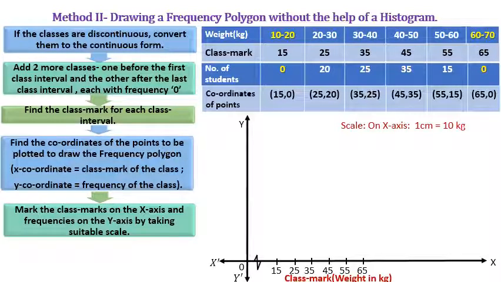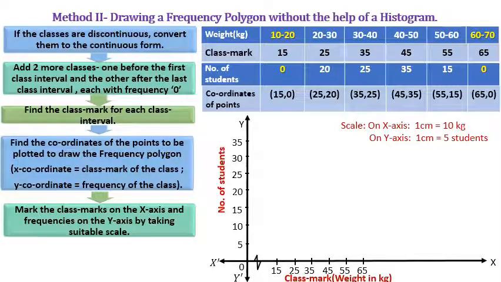A kink mark is shown on the x-axis before the first class mark to show that there are no observations up to 15. On the y-axis, 1 cm is equal to 5 students. Taking this scale, we mark the frequencies, that is, the number of students on the y-axis.